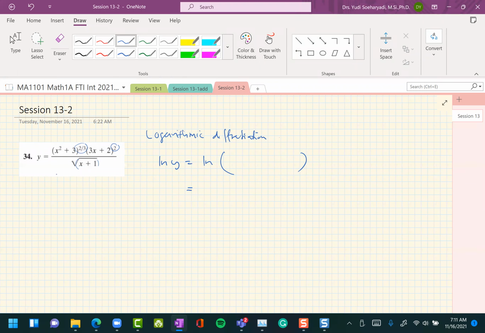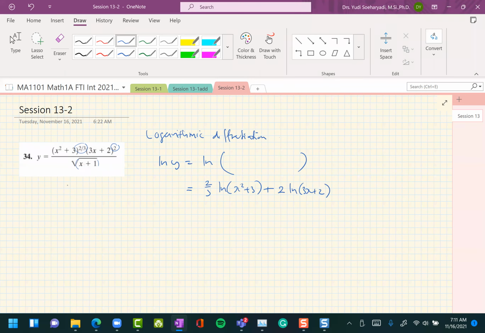Using those, we see that this becomes, let's take 2/3 out, and ln the rest. Because there's a product, this becomes an addition of ln. It has an exponent 2, so take the 2 out, ln of 3x plus 2.